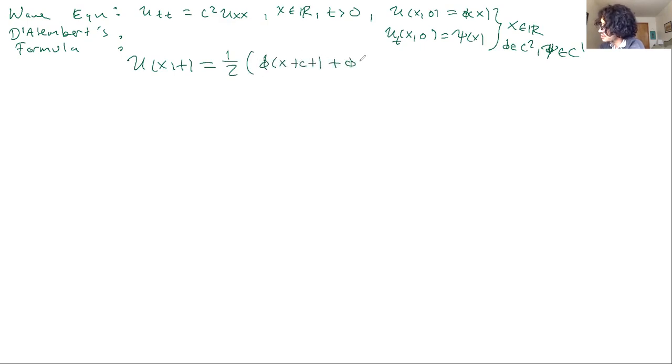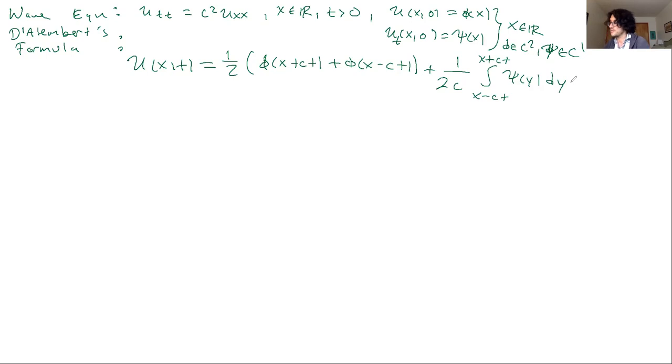And D'Alembert's formula tells us that if we have an initial value problem like this that satisfies those constraints, then the solution is going to look like the sum of the initial position propagated to the right and to the left, plus a scaling of the integral over the initial velocity.